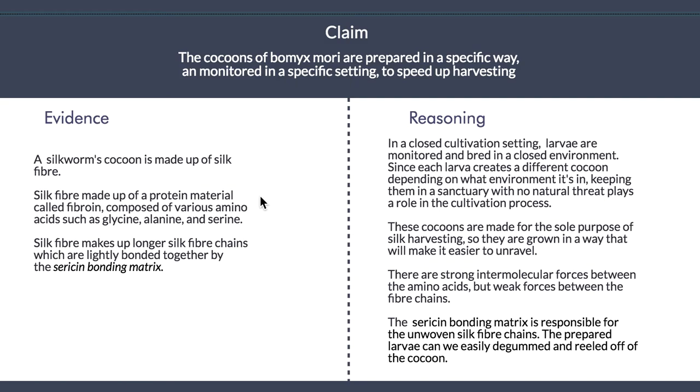So, as I said before, there are strong intermolecular forces between the amino acids that make these silk fiber chains very, very strong, but they're weak between the different fiber chains connected by the sericin bonding matrix. Those have weak forces binding the different strands together.